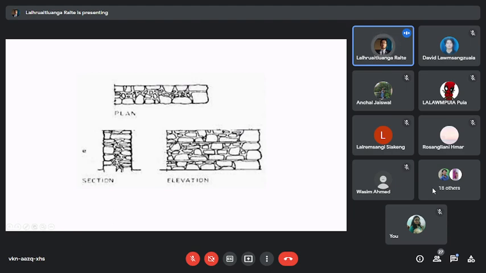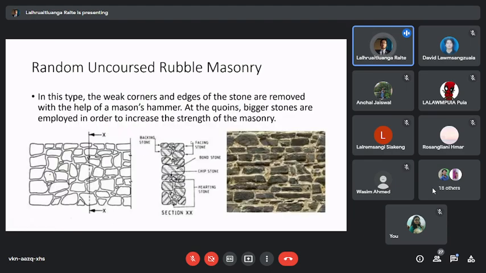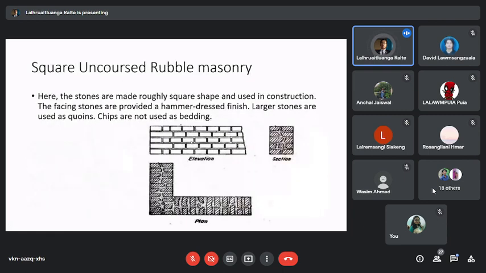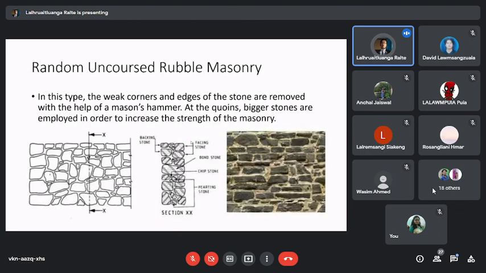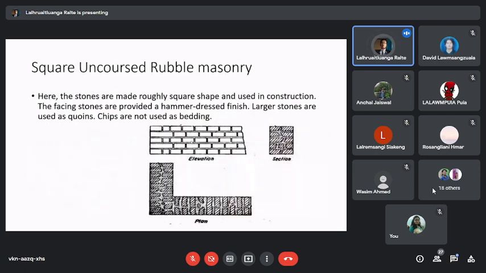In uncoursed, we simply lay stones on top of each other, and in square uncoursed rubble masonry, we make it more formal than the random uncoursed rubble masonry by making it squared and making the joints connected to each other. All right, so the bond that the mortar is holding is a lot more formal.